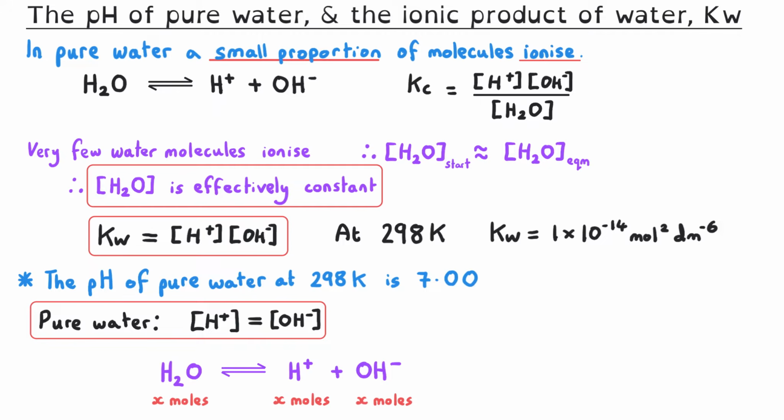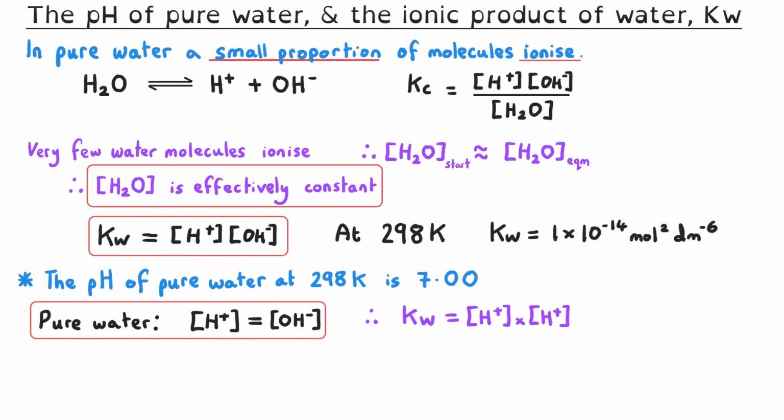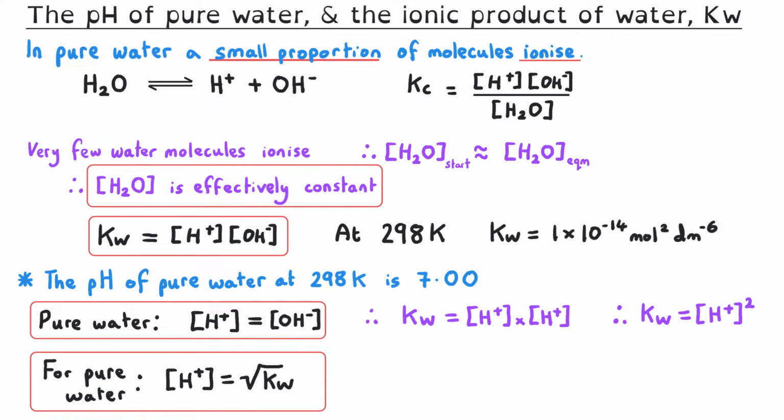And so if we take out reference to the hydroxide ion concentration and replace it with hydrogen ion concentration, you can see that Kw is equal to H plus squared. And so as a result, the square root of Kw is equal to the hydrogen ion concentration. The square root of 1 times 10 to the minus 14 is 1 times 10 to the minus 7.